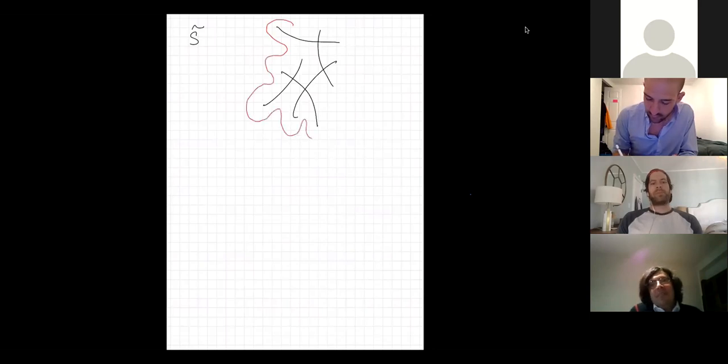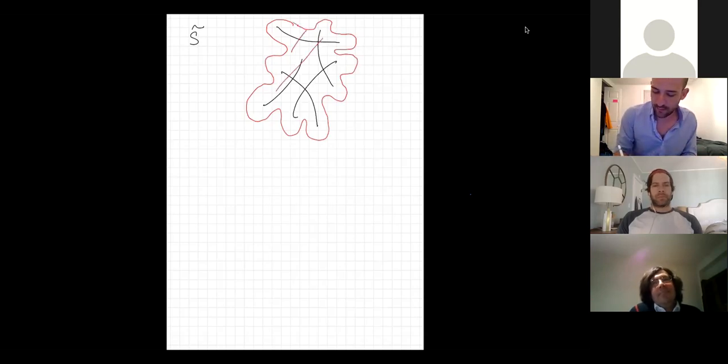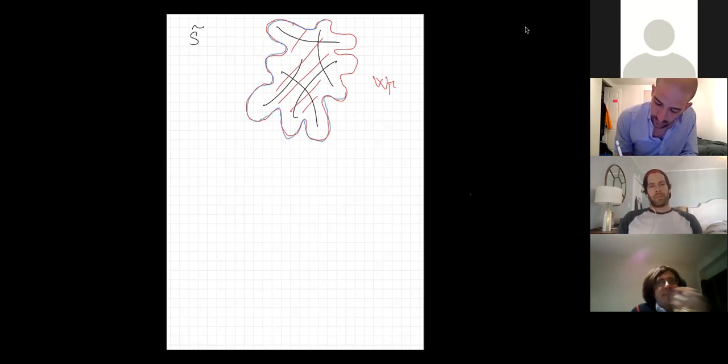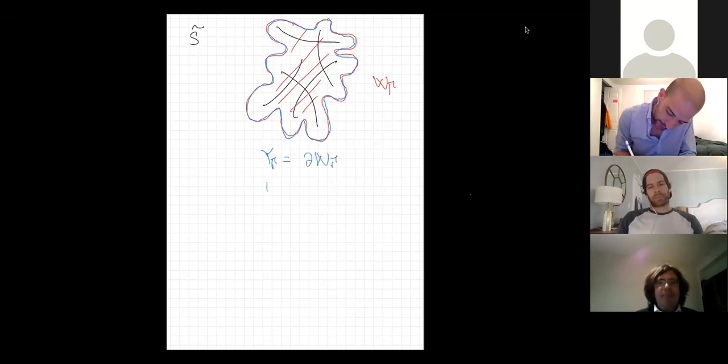This is a smooth four-manifold, which I will denote by W gamma, and the boundary of this four-manifold is a three-manifold that I'm going to call Y gamma. So Y gamma is the boundary. This is what people usually call the link of the singularity.